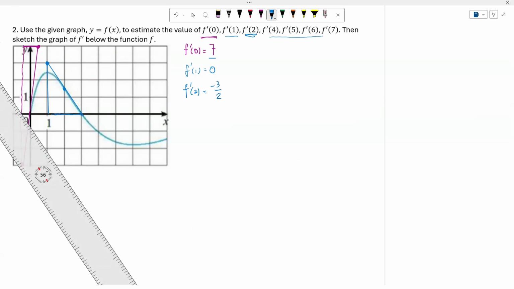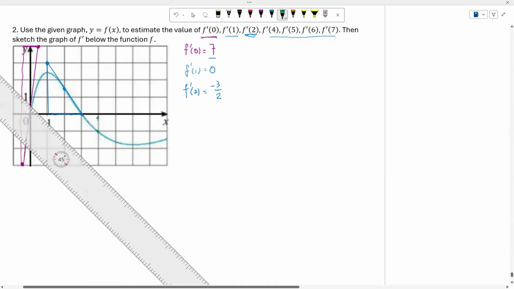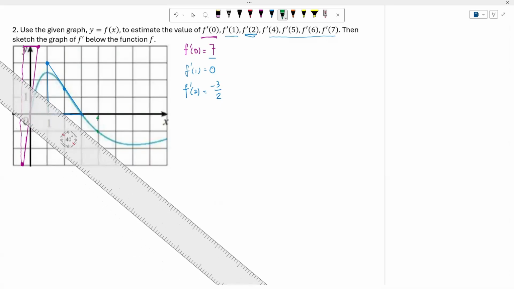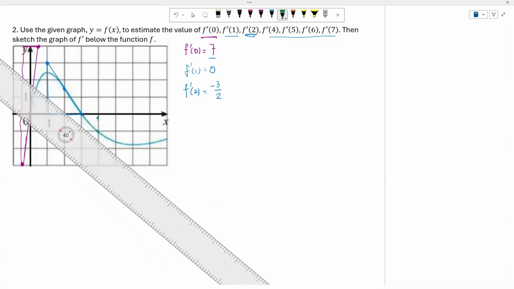Okay, now it is your turn. Go ahead and try to see if you can figure out f prime of 4, 5, 6, and 7. 4 is here. First of all, I know that the slope must be negative because the function is decreasing, right?